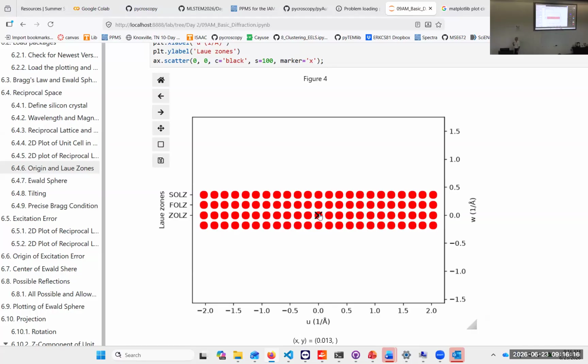We have also our other Laue zones. So it's called the first order Laue zone, second order Laue zone, third, and so on. And most of the time they are just grouped together as higher order Laue zones, HOLZ. There are false rings, false lines, and we'll go into that.